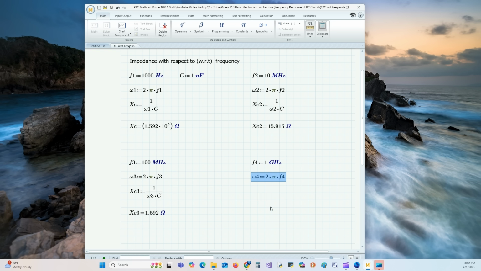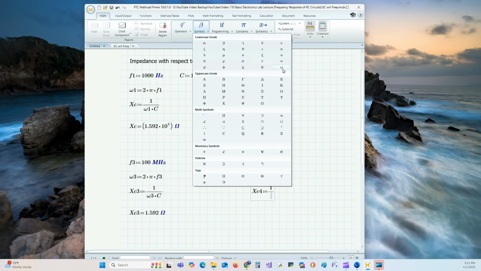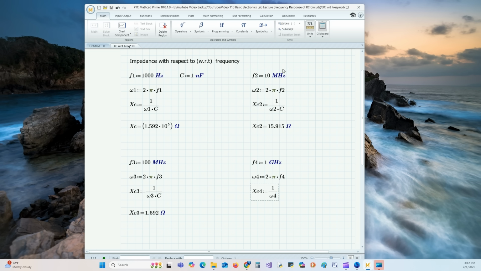Bring that down. Now we're going to type in XC4 shift colon 1 divided by omega 4 times C equals, and then type in XC4 equals.